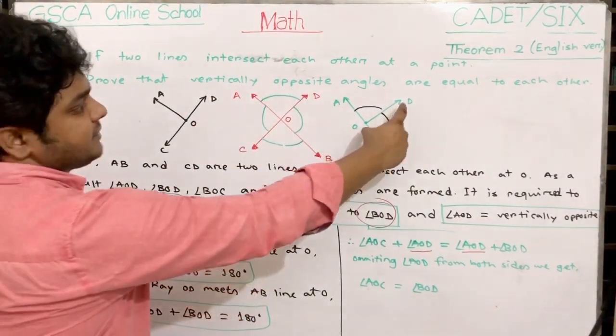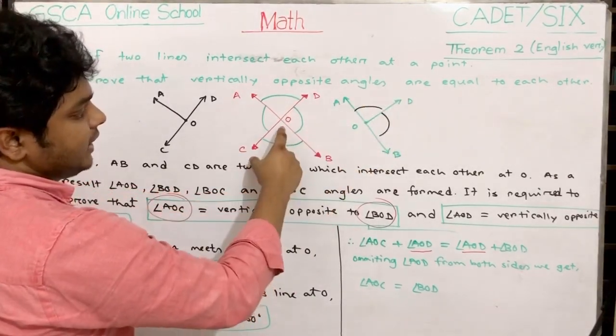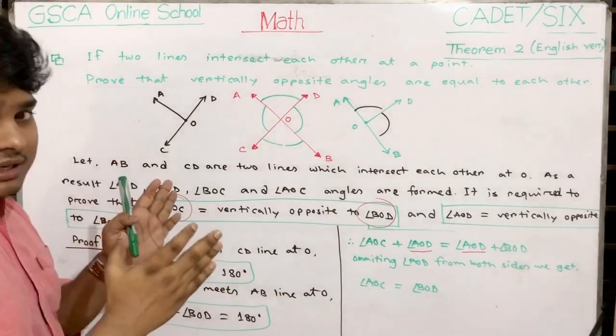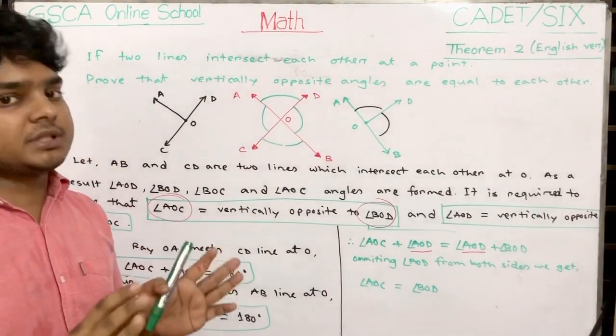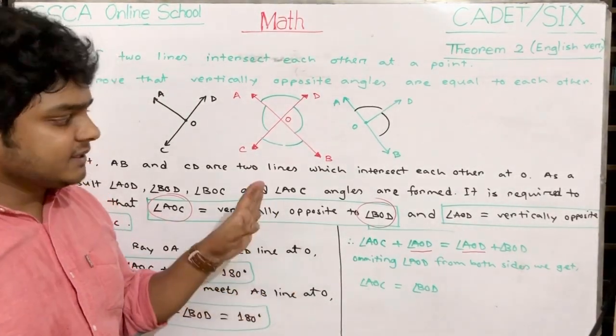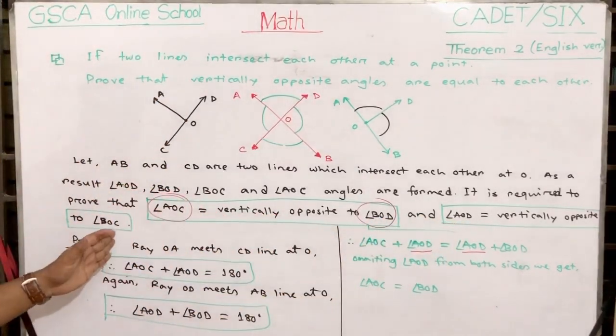After that, we took OD and OC was not present here. So when we reverse, then OC will be present and OD will be omitted. After that, we will get the same things. We will get the result that AOD is equal to its vertically opposite angle BOC.